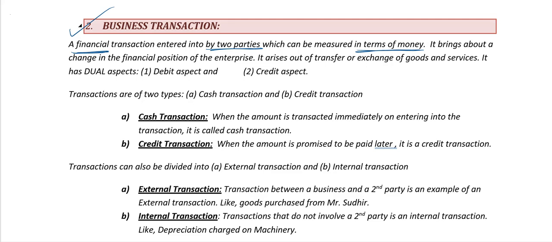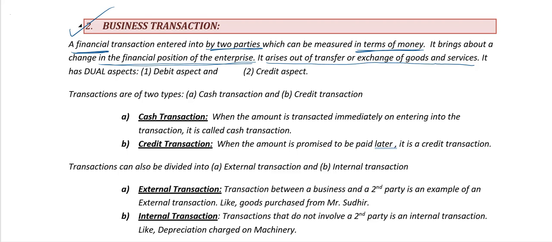A business transaction brings about a change in the financial position of the enterprise. What is financial position? The position of assets, liabilities and capital is called financial position. How does it arise? It arises out of transfer or exchange of goods and services.